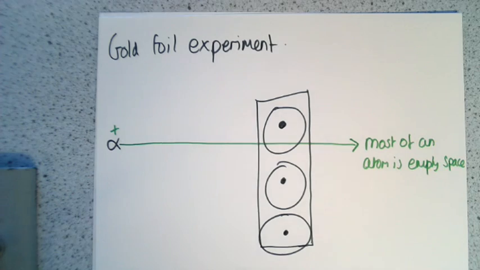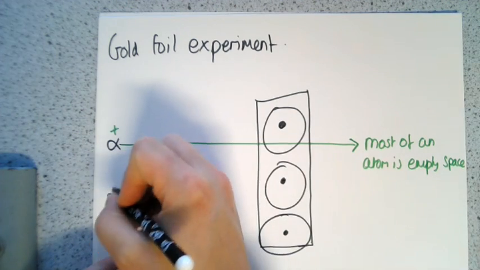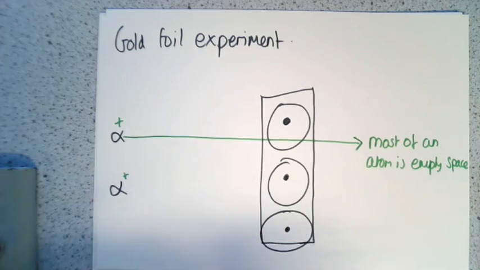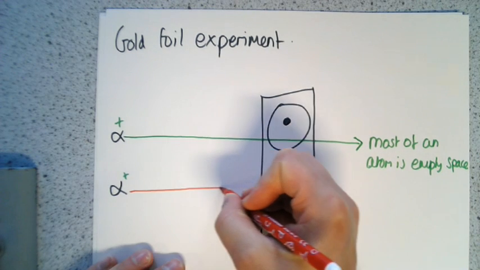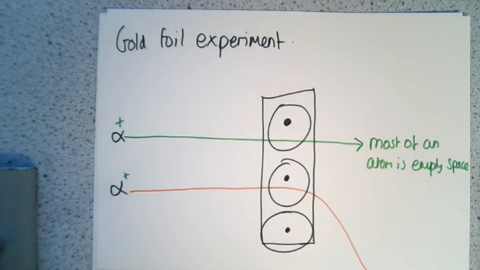Scenario number two. Some of the alpha particles, let me draw another one of those little bad boys there. I'm not going to put eyes on them because I won't confuse you. Some of the alpha particles travelled along and they were deflected. And that's a key word there. You must use that word, deflected.